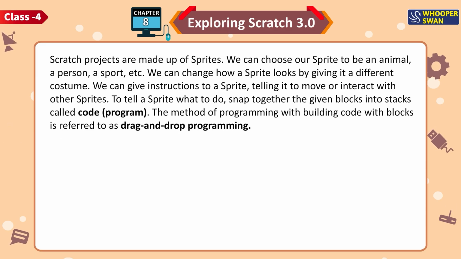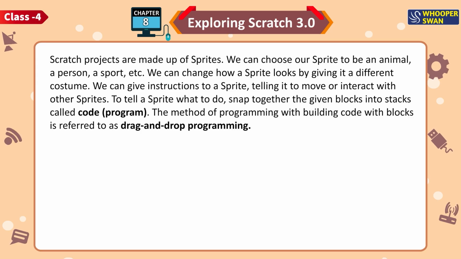Scratch projects are made up of sprites. We can choose a sprite to be an animal, a person, a sport, etc. We can change how a sprite looks by giving it a different costume. We can give instructions to a sprite, telling it to move or interact with other sprites.